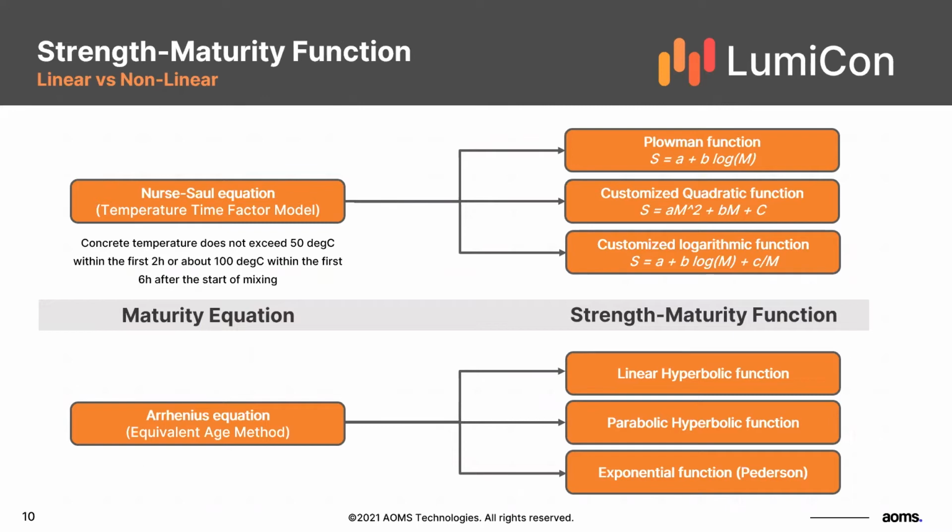Depending on the type of the design mix, for the maturity equation, the most common models used are the Nurse-Saul equation, the Arrhenius equation, or the equivalent age method. The Nurse-Saul equation is used for concrete temperatures that typically don't exceed 50 degrees C within the first 2 hours, or about 100 degrees C within the first 6 hours after the start of mixing. Generally that is the case.